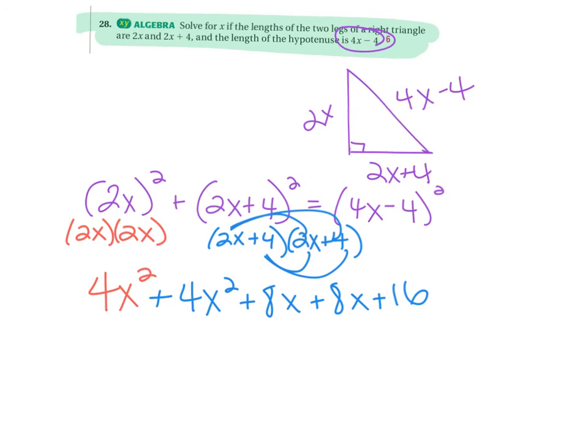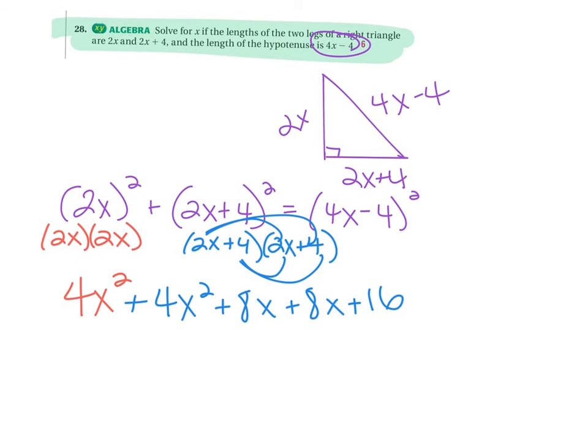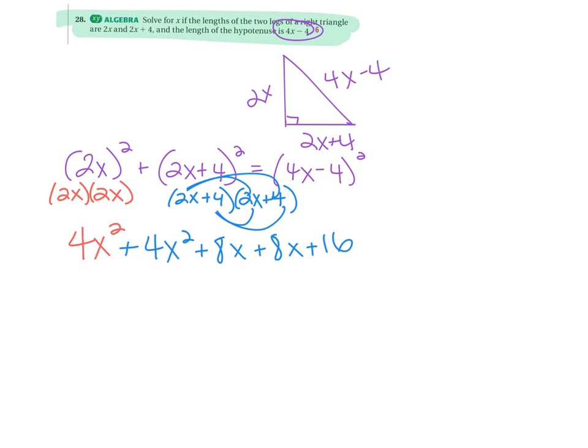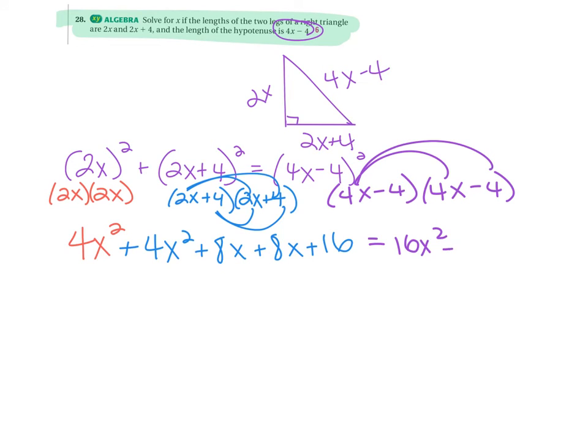And then the one all the way on the right, I would have to FOIL as well. So 4x minus 4 times 4x minus 4. First is 16x squared minus 16x minus 16x plus 16.